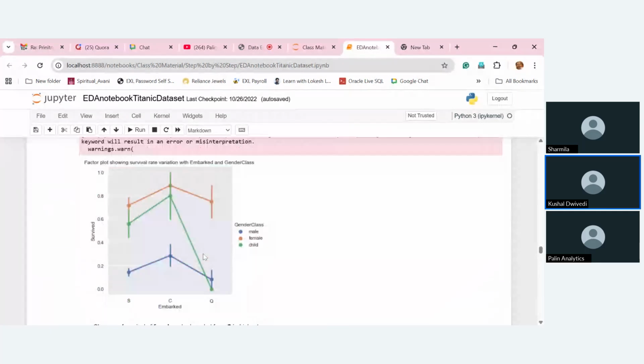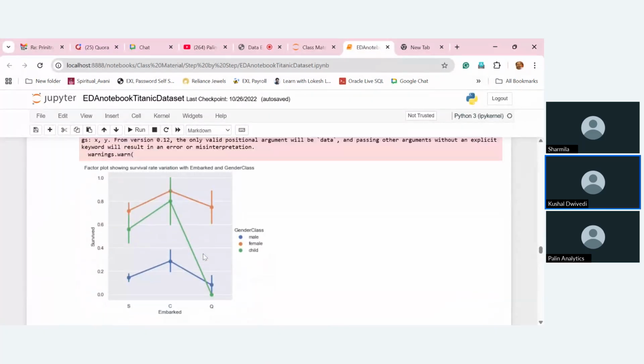If we check the survival rate, you can see that it was higher for females and children, and for males the survival rate is comparatively very low.